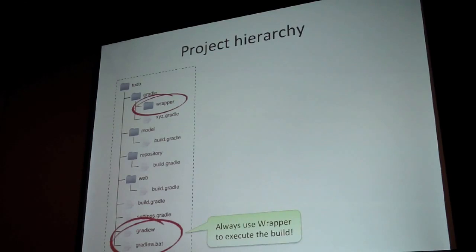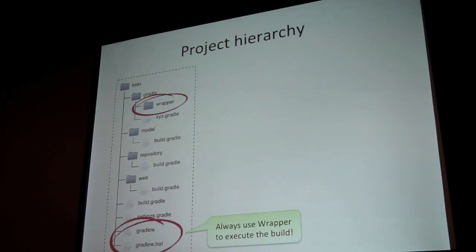And then on the top level, we have some additional files, which are the Gradle wrapper files. I guess most of you know what the Gradle wrapper is. If not, it's a bunch of files plus a micro library that you check in with your version control system with your project.